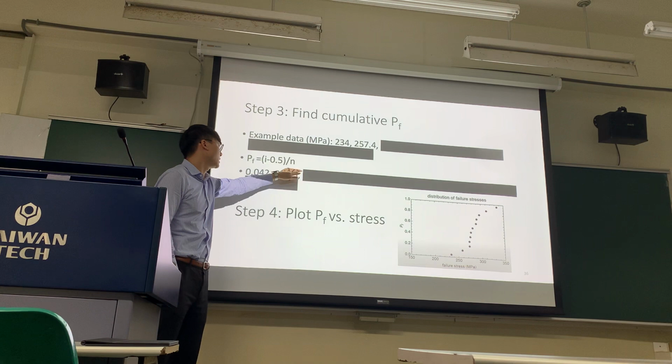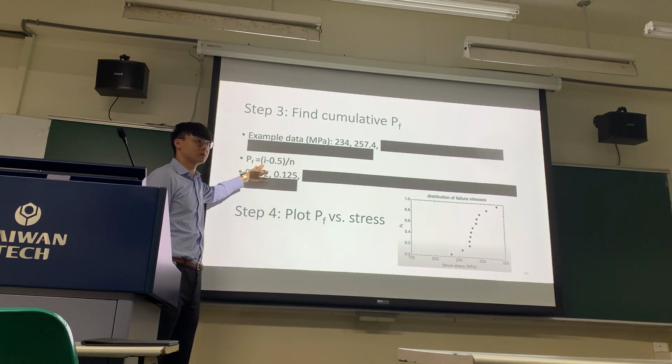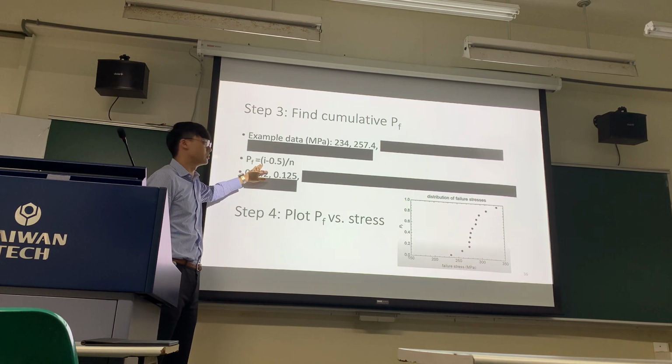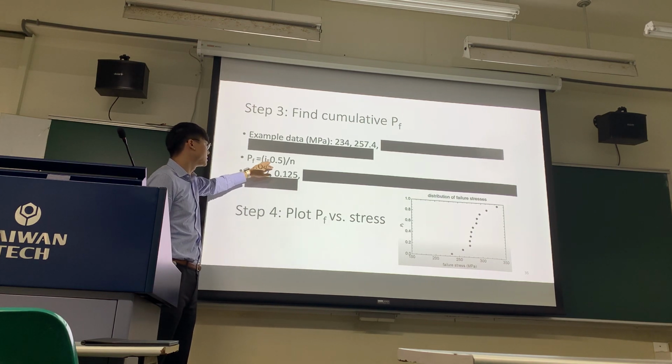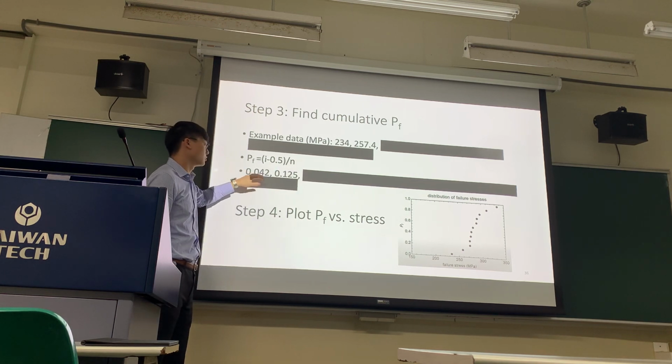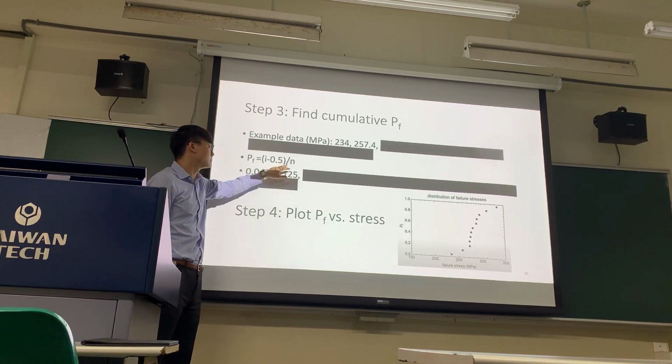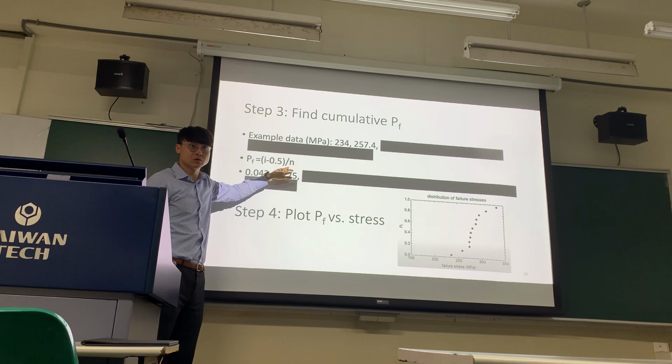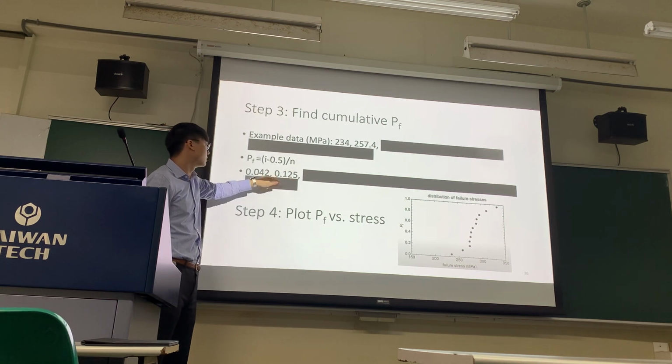And for the first specimen, or the first minimum failure, we put i equals 1. So 1 minus 0.5 divided by 12 is 0.042. That's the probability. The second one is 2 minus 0.5 divided by how many specimens? 12, right? And it's 0.125.